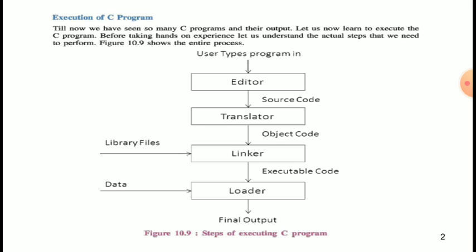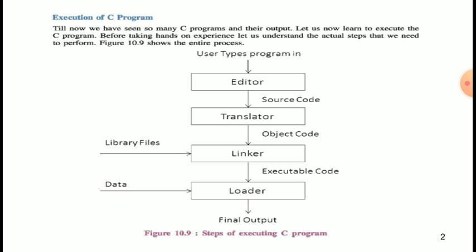Step number 3, a program called linker is used to link the object code with the library functions, giving an executable program or executable code. The extension of executable code is .exe.